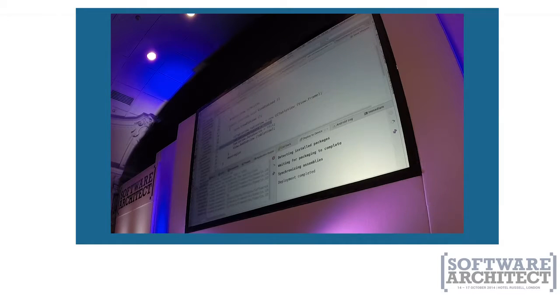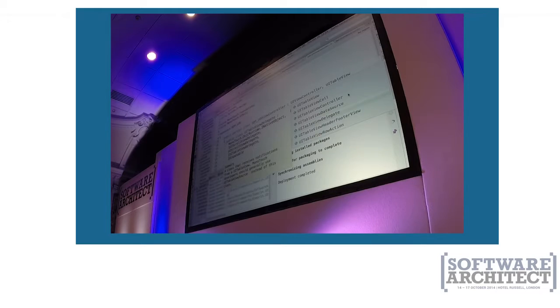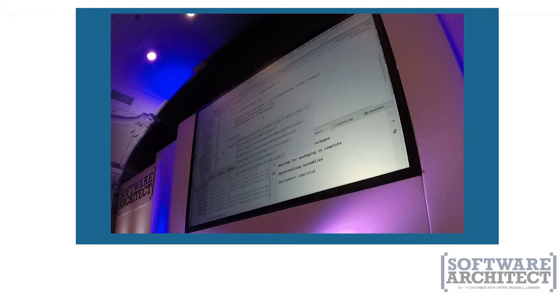Actually, I don't need the delegate, I just need the data source. My class needs to implement UI table view data source for that to work. And that interface, UI table view data source, has a couple of methods we're not going to override, we're going to implement.